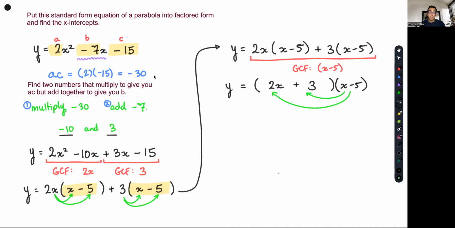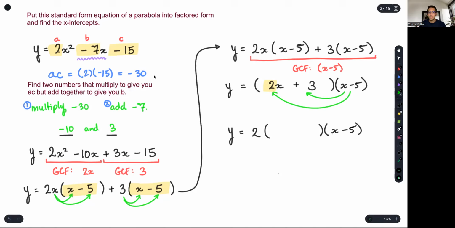There is one additional step that we can do to go just a little bit further. Not necessarily required, but I'd like to do this for completeness. We're going to take this 2 that's out here, this number that's multiplied onto the x, and factor that out as well. So we're going to pull out the 2. That x minus 5 stays the same over here.